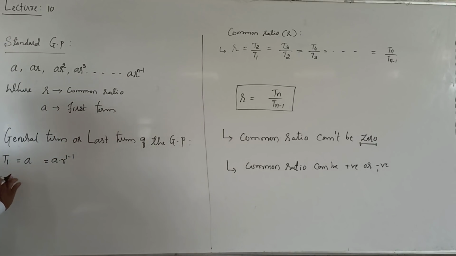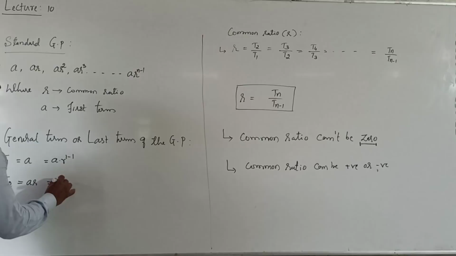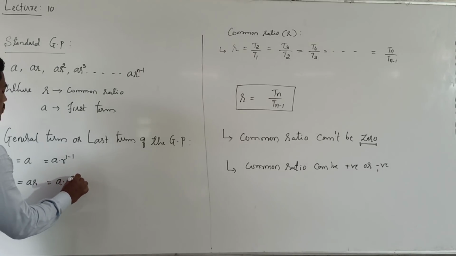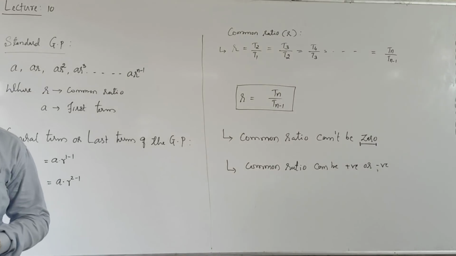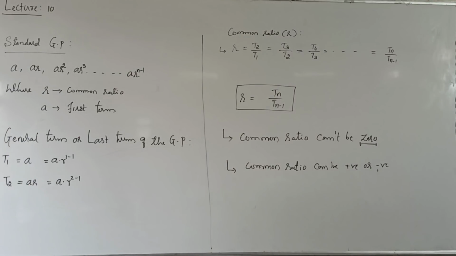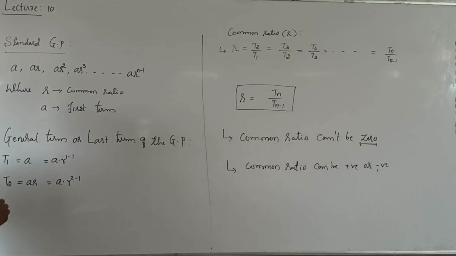Then look at second term. What is second term of the GP? It is A into R, that is equal to A into R power 2 minus 1. Both are one and the same.